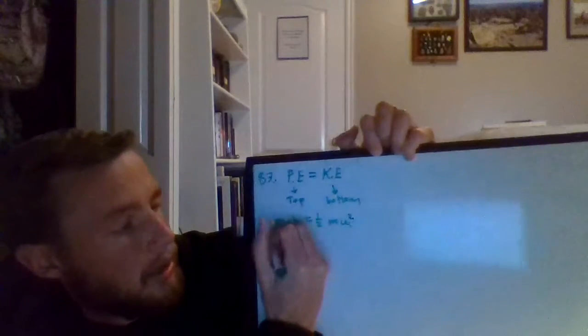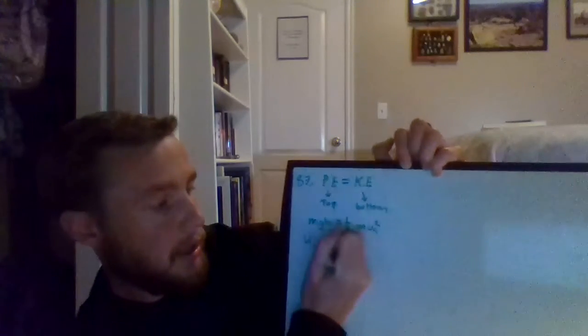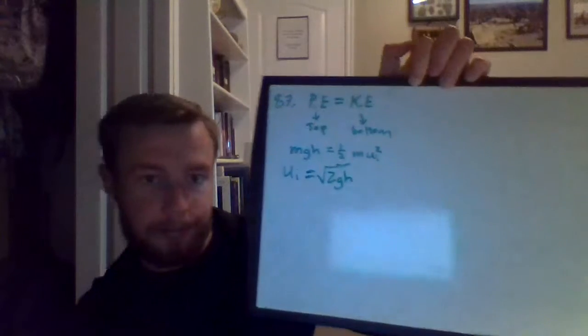And so then we can rewrite the equation in terms of the velocity of the package at the end of the chute, which, like we said, was U1. We isolate that. We can rewrite this to say the square root of 2 times gravity times the height.